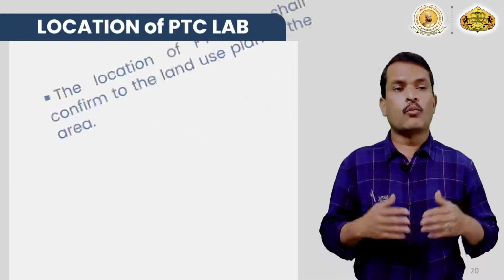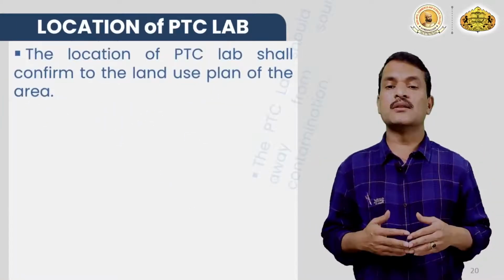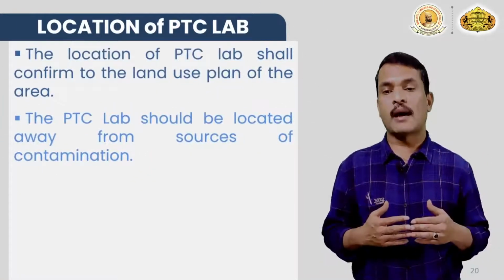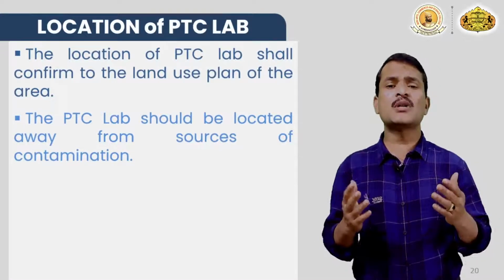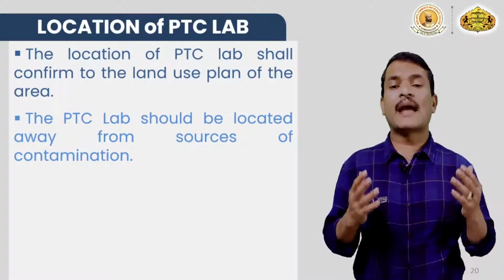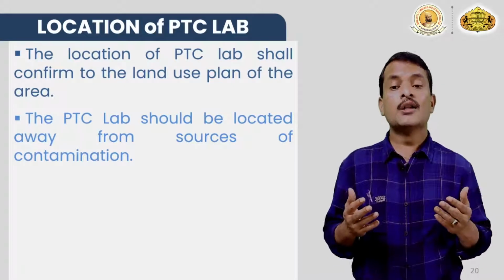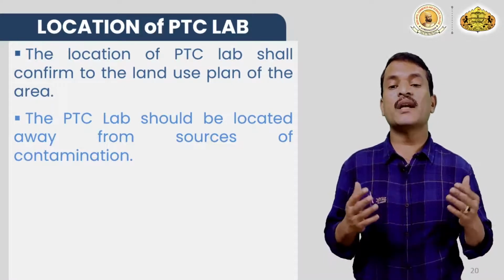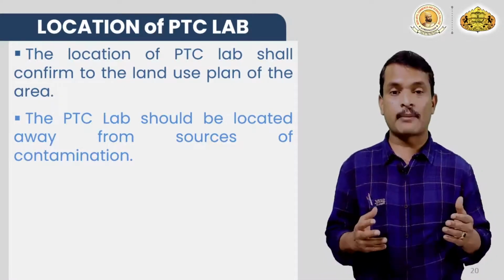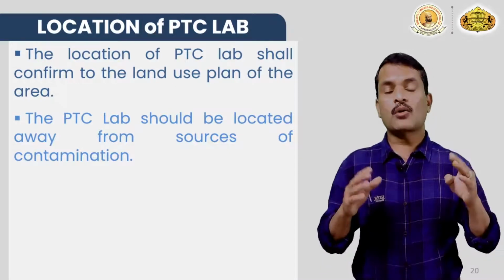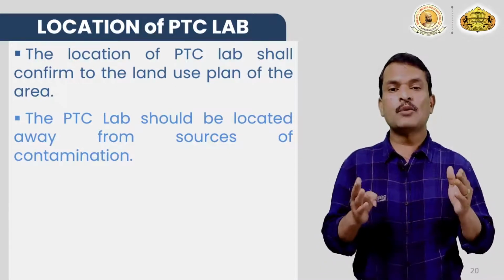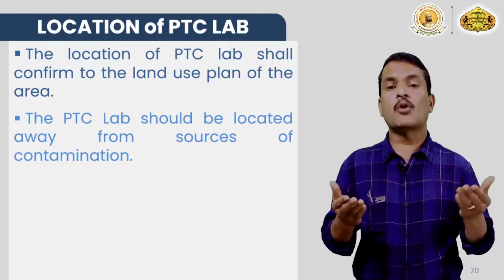So what will be the ideal location for the plant tissue culture lab? The location of the plant tissue culture lab shall conform to the land use plan of the area. The plant tissue culture lab should be located away from sources of contamination. That means if you are going to set up your laboratory, it should be free from any type of contamination.